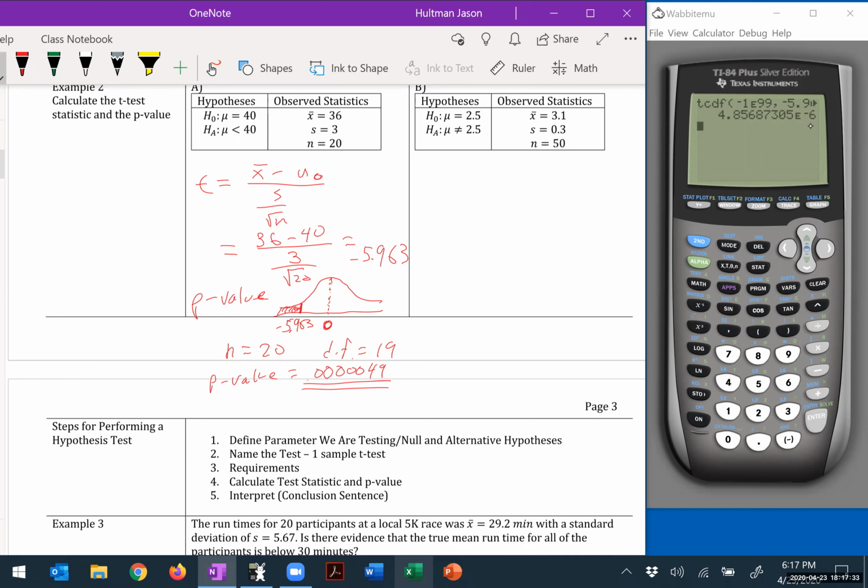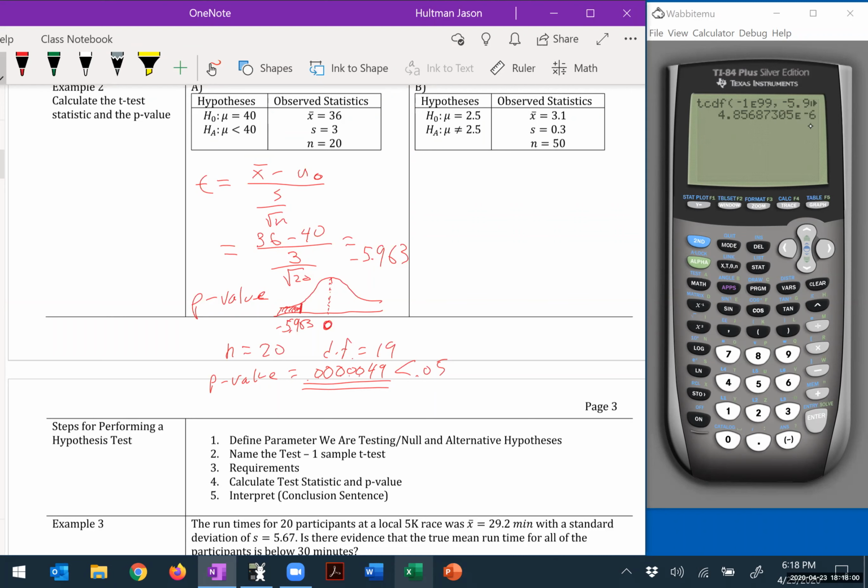Well, if we were comparing this against 0.05, this p-value is much less than 0.05, and so it's a very, very tiny probability that H0 is true. Remember, the p-value is the probability that the null is true. And so the probability that the null is true is in the millionths.